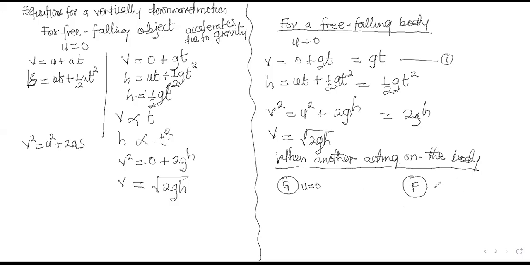Frank applies a force on the orange downwards, and it gives it a certain initial velocity u. Now, look at the 2 scenarios: Giovanni's orange and then Frank's orange. Which one will drop on the ground at a faster time or at a lesser time?